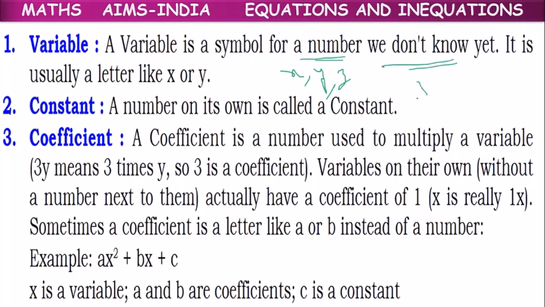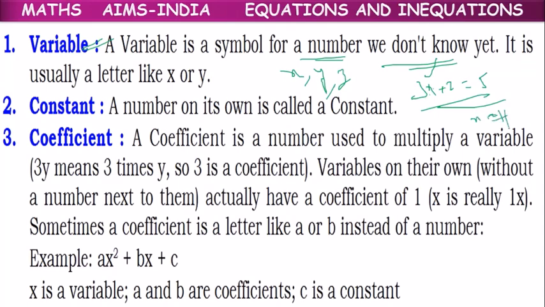Before solving the equation, if 3x plus 2 equals 5, we have not yet solved it and we don't know the x value, so x is called a variable, whose value we don't know yet. If we solve, we will get the value of x as 1.